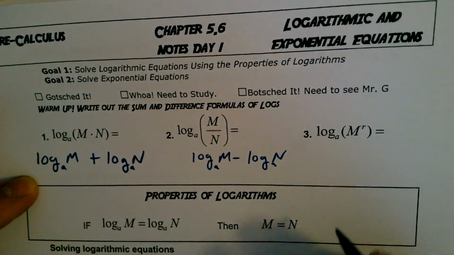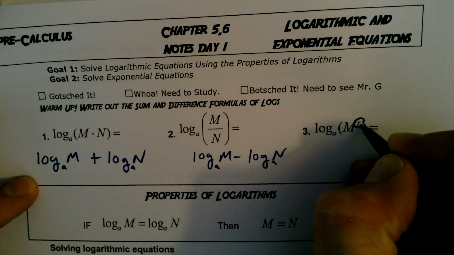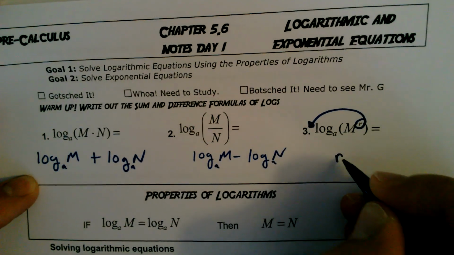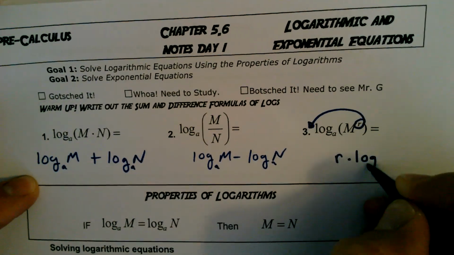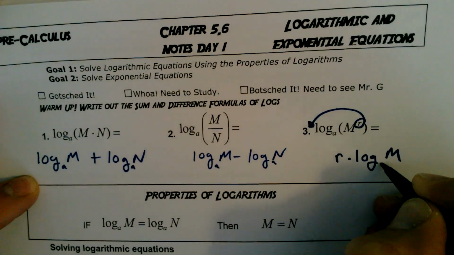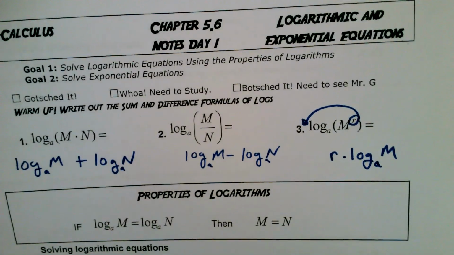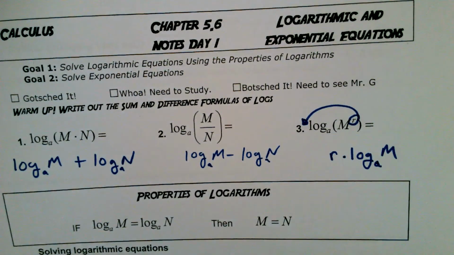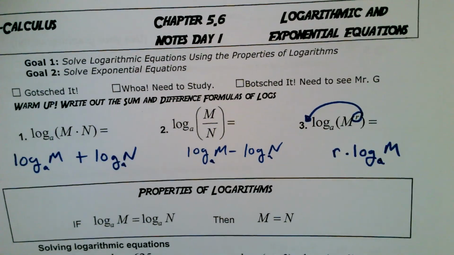The last one we talked about was the exponent rule. If I have an exponent inside of a log, we can drop it like it's hot in front. So now we have r times log of m base a.